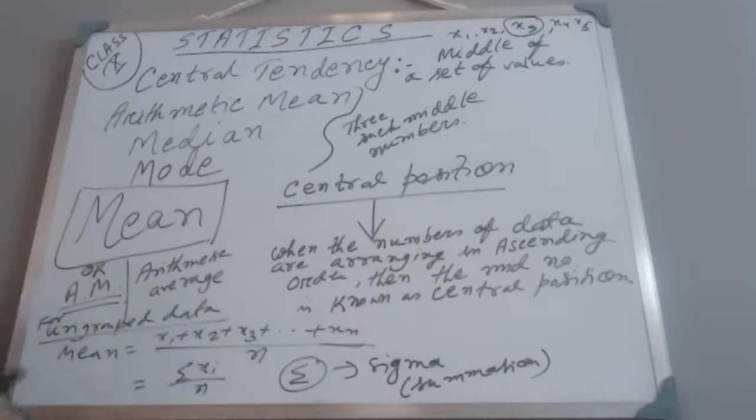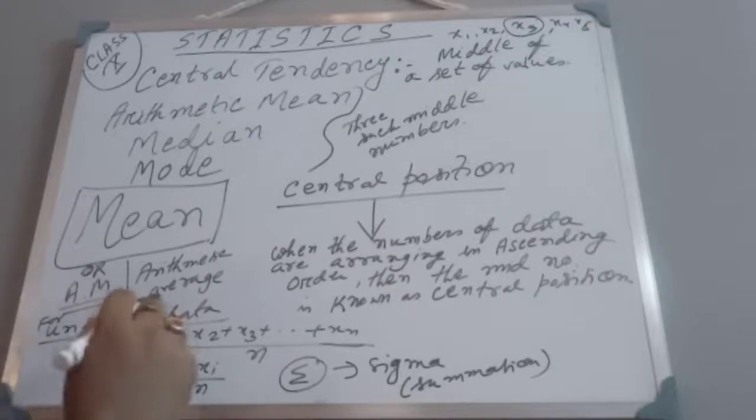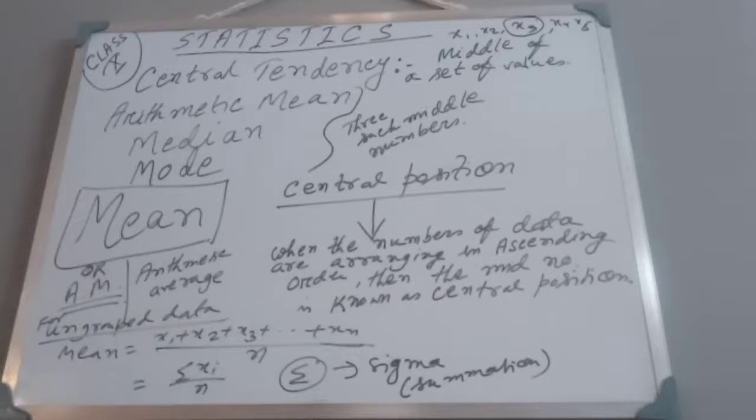Grouped data means if the range is given to us. What are the ranges? Let me rub the board first.